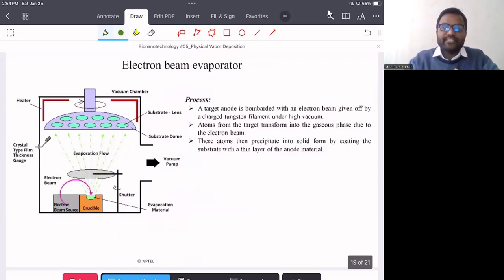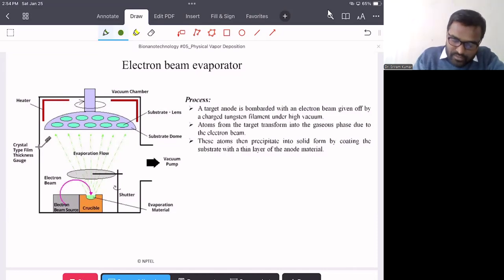So till now, we understand that using the thermal evaporation technique, we can deposit the desired target material onto the substrate. We have another important technique, the electron beam evaporation technique.